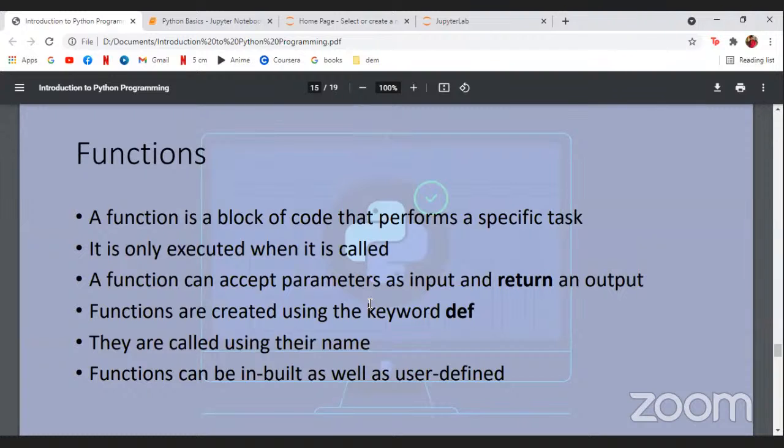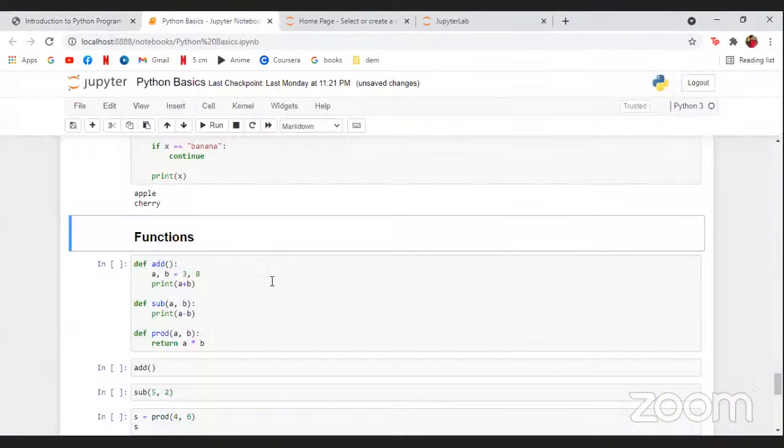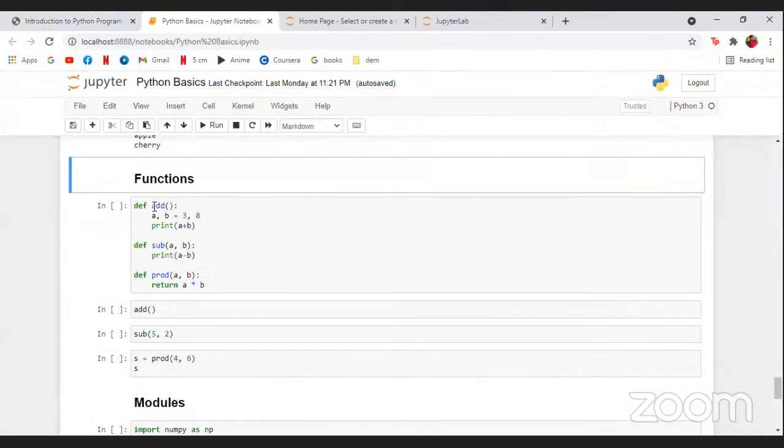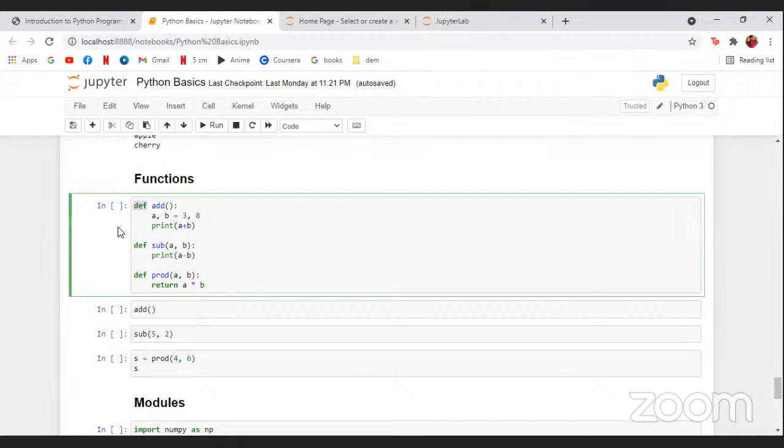So for example, I'll just show you this. This is add, which is a function. How do you create a function in Python? You use the def keyword, which stands for define, so you're defining a function. And this is the name of the function. You can give anything here, but generally we give meaningful names to whatever function we're writing. This is used to add two numbers, so I've given the name as add.